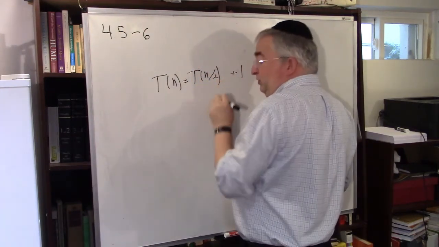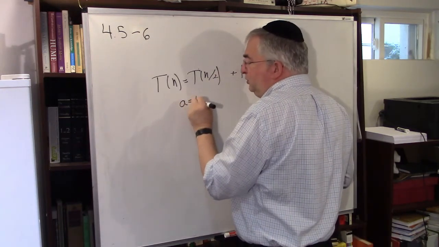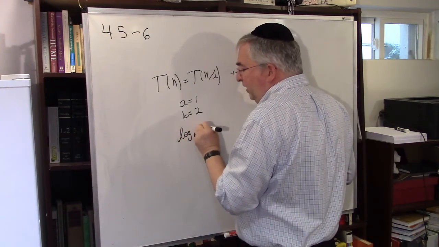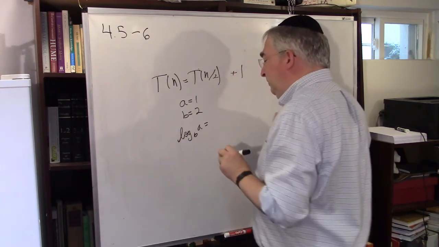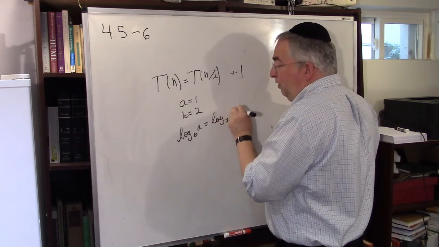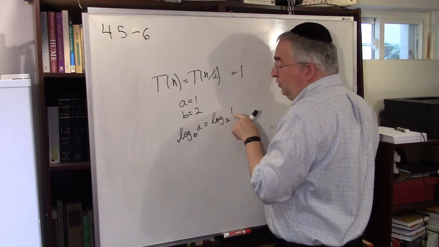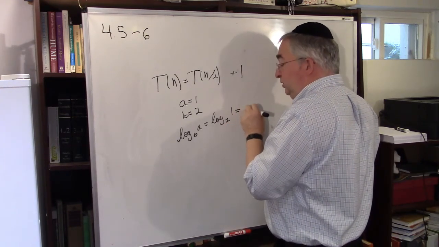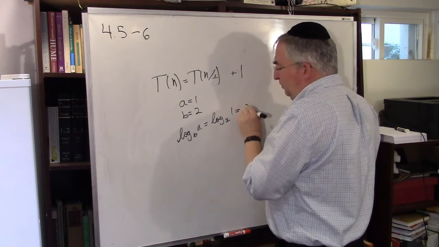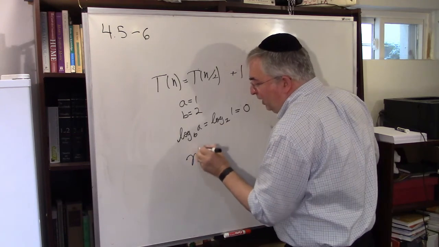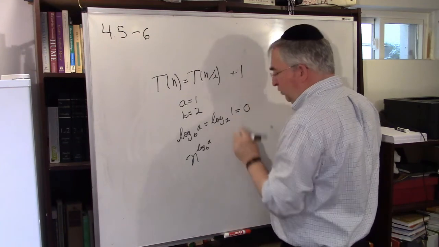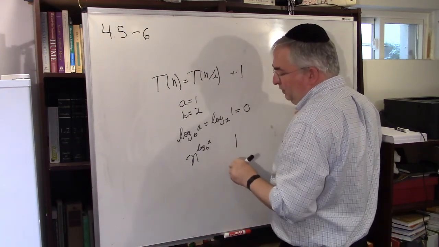Let's use the master theorem. So a is equal to 1, b is equal to 2. Log base b of a is equal to log base 2 of 1. What do you have to raise 2 to in order to get 1? The answer is 2 to the 0, so the answer is 0. Now you compare n to the log base b of a with the function, which is 1.